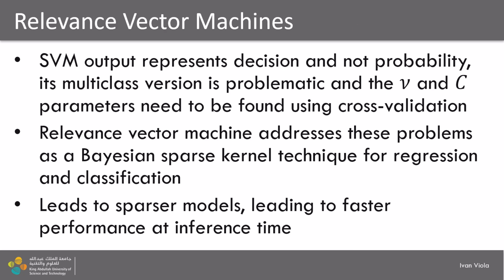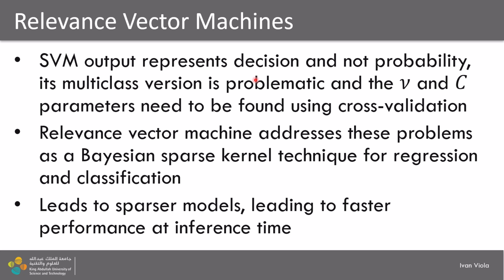Now, about the techniques called relevance vector machines, which are related to the support vector machines and are also based on sparse kernel approaches. Let's first recapitulate the weak points of the support vector machines. The support vector output represents a decision and not a probability, so it's not a probabilistic method, it's basically a decision function.